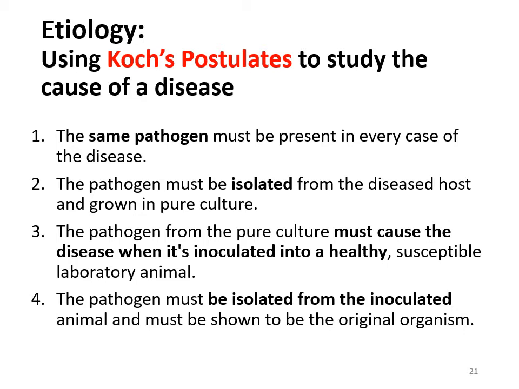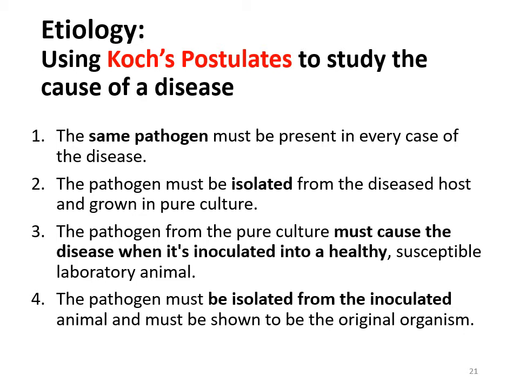So I listed them out on this slide, but in the next figure, we're going to get to see them visually. Now, when you look at this, there are four main aspects of Koch's postulates to prove or pinpoint the cause of a disease. The first one makes very good sense. The same pathogen has to be present in every case of the disease, because think about it.